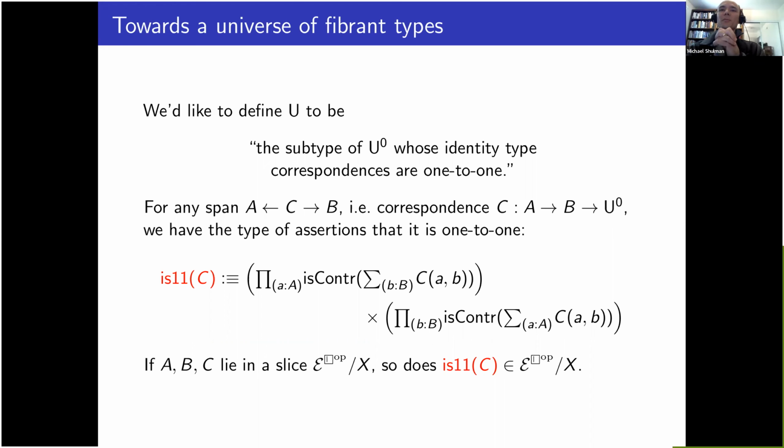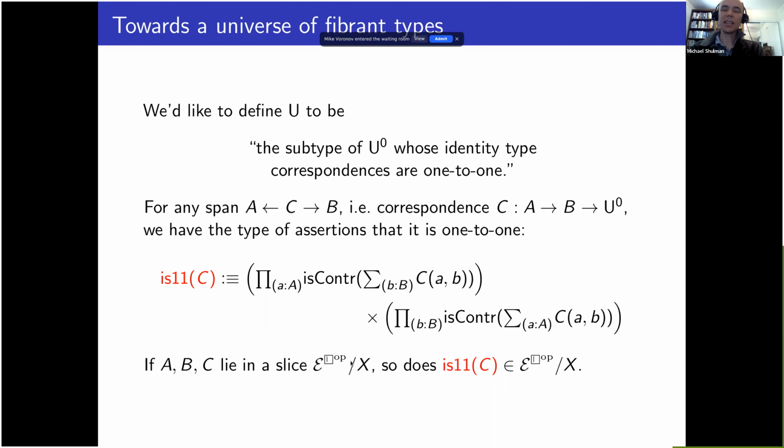So we can say inside the type theory what it means for a correspondence to be one-to-one, for a relation to be an equivalence, and I can interpret that. This is the other piece, the type of one-to-one correspondences that I was talking about in the last couple of talks. I can interpret that in the category to give us an object. Whenever I have a span like this, or a correspondence, I can build the object that classifies assertions that it is an equivalence, that it is one-to-one.